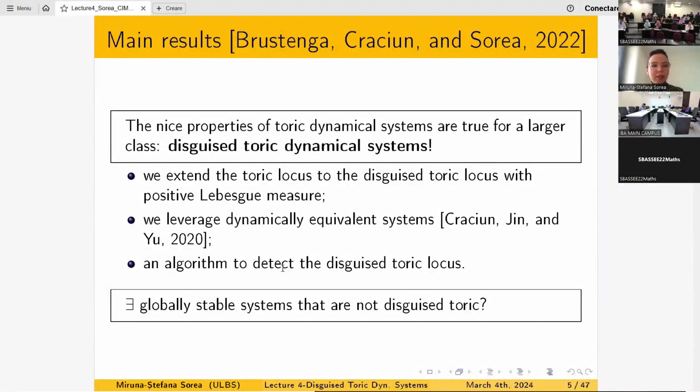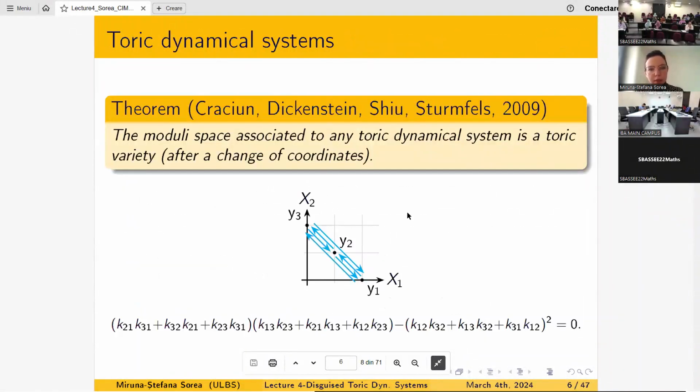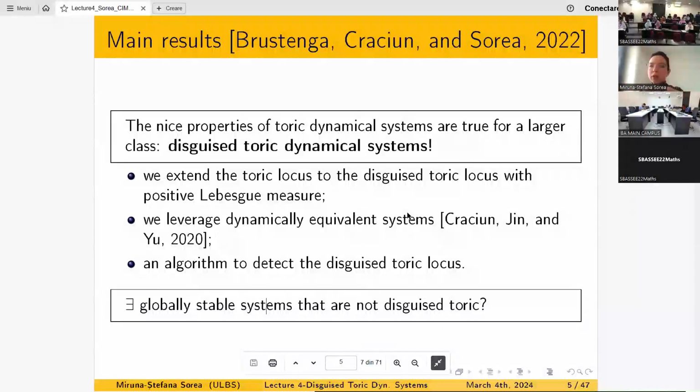And as I mentioned also last week, there are cases where we know that there exist globally stable systems that are not toric. So we knew this, it is in the literature, but the question now is, if we extended the toric locus to the disguised toric locus, did we cover all globally stable systems?